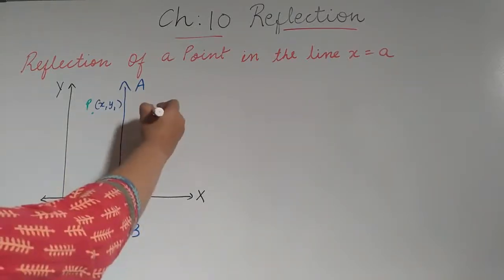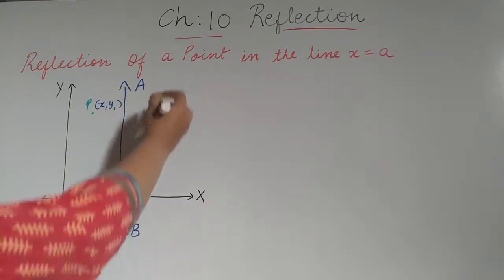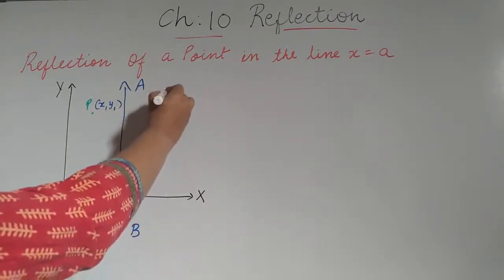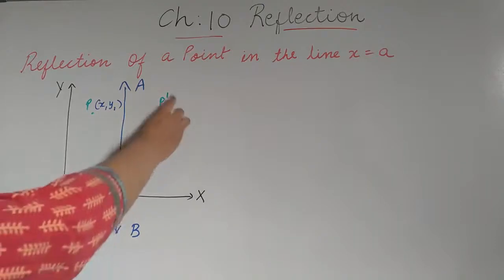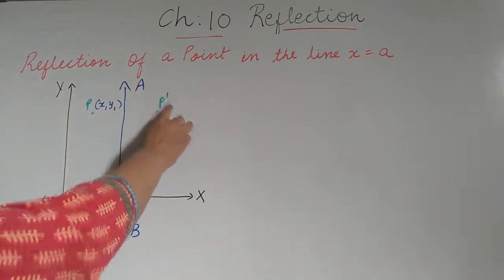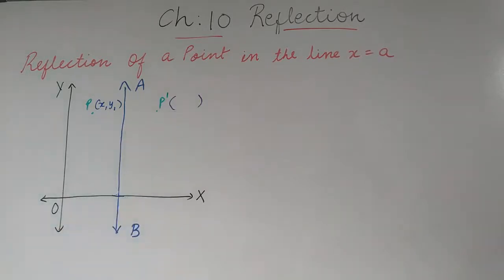We write here the exact distance. This is the distance here. So this is point P dash reflected. Now what we are going to derive is the coordinates of this reflected point. Before that, this line AB is the line x equal to a.